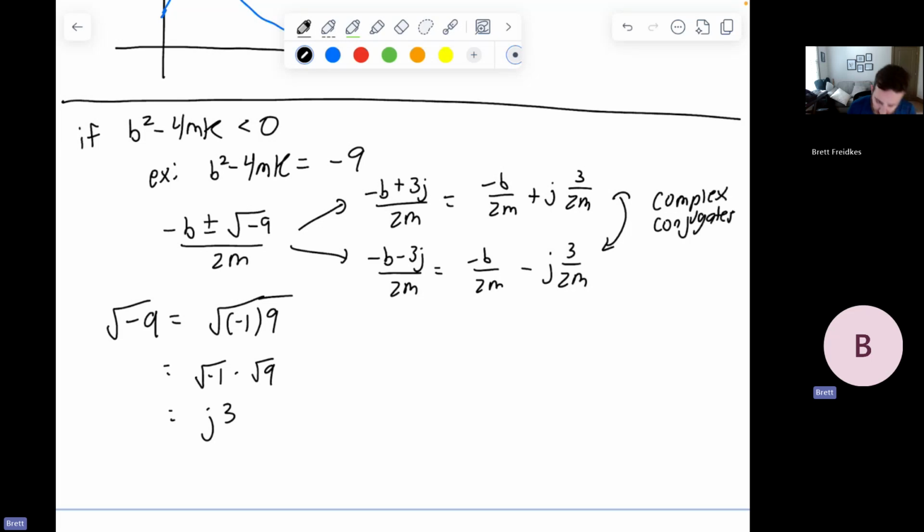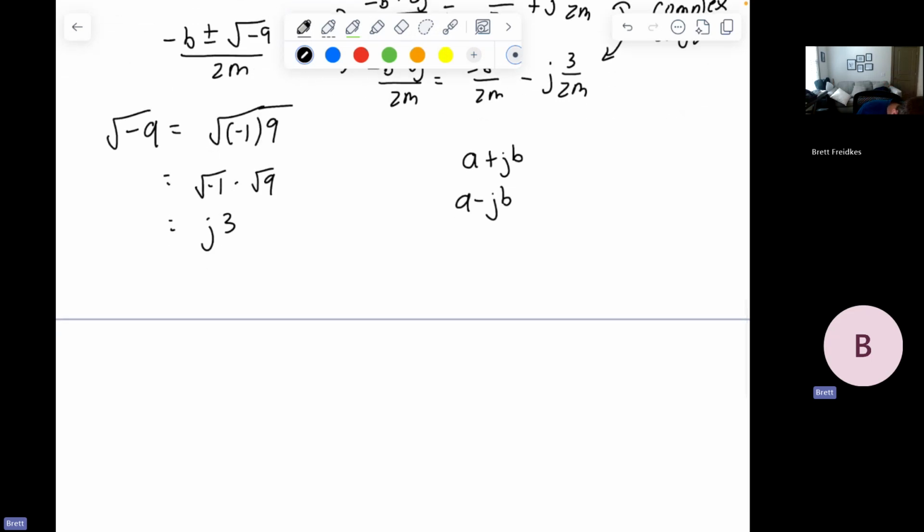Remember, a complex conjugate is that if I give you some complex number, the complex conjugate is the same number, just with the imaginary part flipping signs. So here we see that the real part for both of them is the same. That's like this A here. And then we have the imaginary part is the same, 3 over 2m, but now you have the signs flipped. So they're complex conjugates of each other.